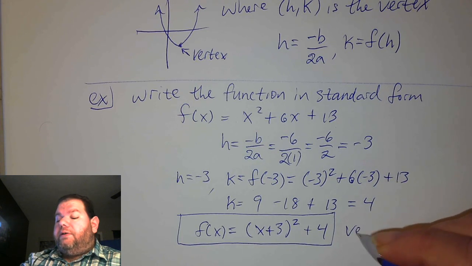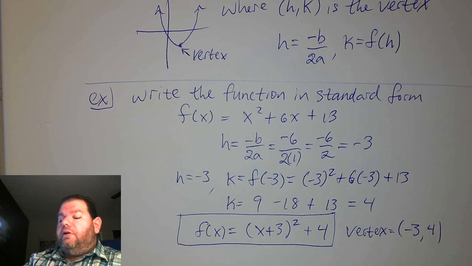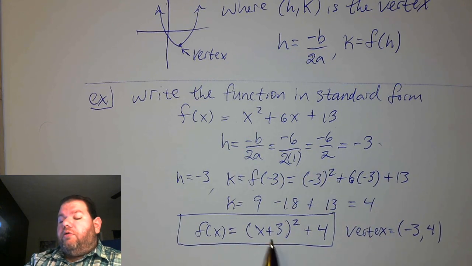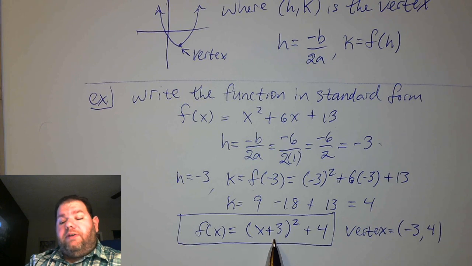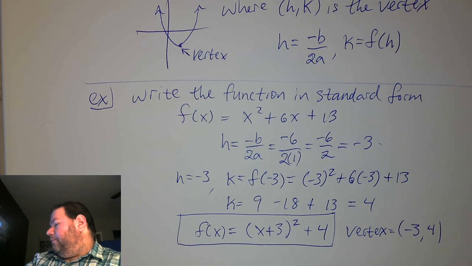And the vertex is located now at negative 3 comma 4, which we can either look at as being h and k, or remember from the function it's the opposite of this number and then this number.